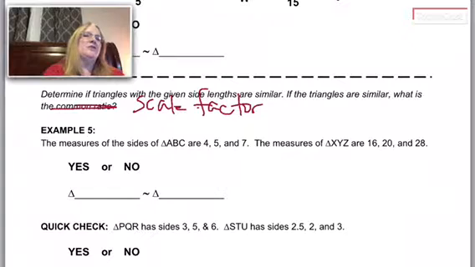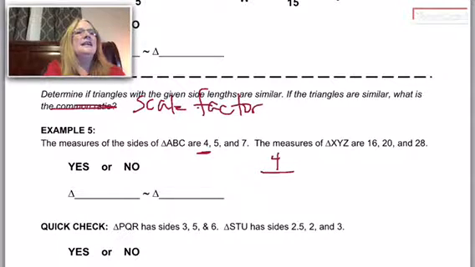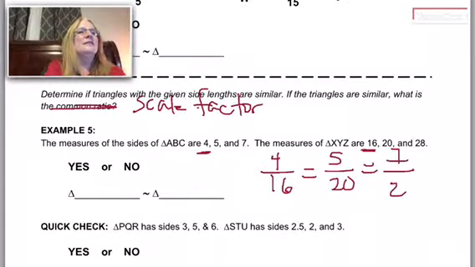They don't give us a picture here. So the one thing is these look like they're written in the same order, but I can notice the one below it is not. So be careful when you look to set up or look for a scale factor that you're taking the smallest length here and lining it up with the smallest one over here. And is that equal to 5 over 20 and 7 over 28?